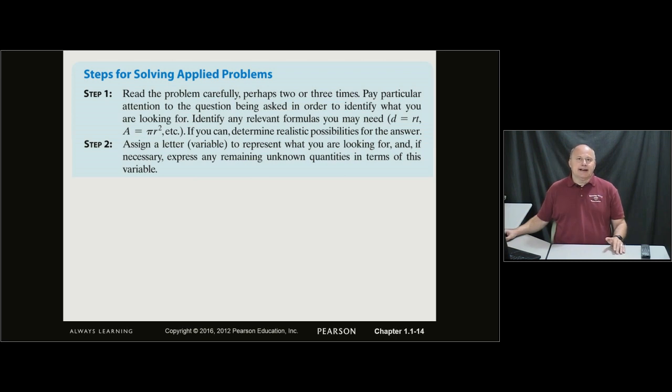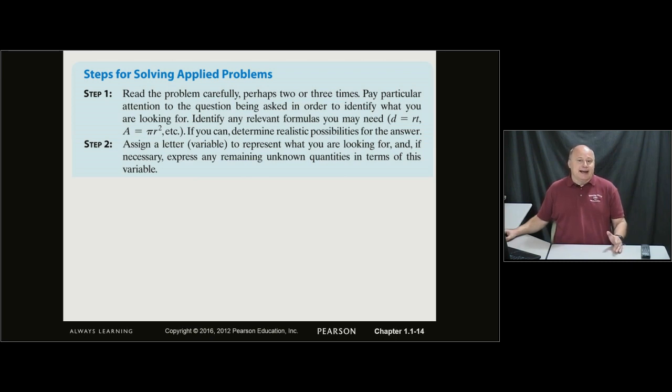And if necessary, express any remaining unknown quantities in terms of this variable. So for example, they might be discussing 2 different items, but one is in terms of the other. If I was comparing boys to girls in a room, and I'm looking for the number of boys and the number of girls, but I tell you that there are twice as many girls in the room as boys, there's a relationship, but I don't know either one of them.